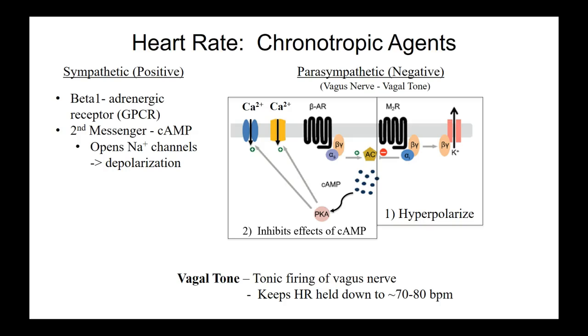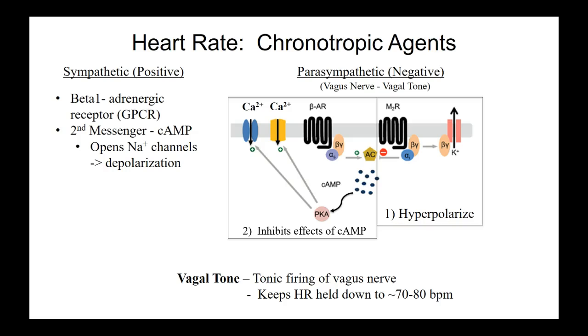So here, remember, in order to get that second messenger, that cyclic AMP, that G protein activates adenylate cyclase. I didn't draw it out over here, but cyclic AMP is made by adenylate cyclase. What the parasympathetic is doing is that it inhibits adenylate cyclase, which means that we're not making as much cyclic AMP, which means that we're not opening as many of those sodium ion channels.